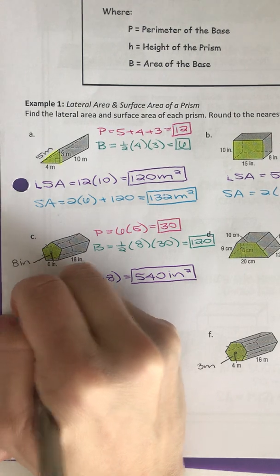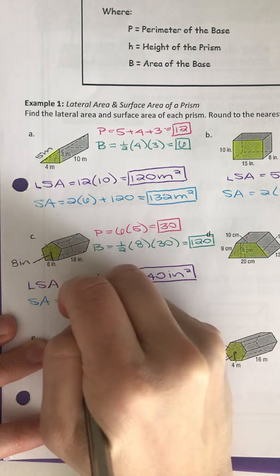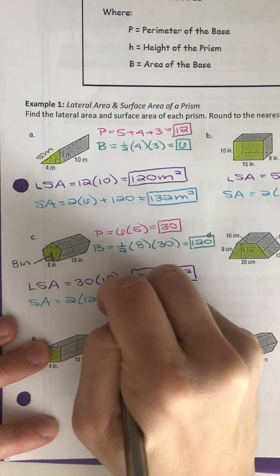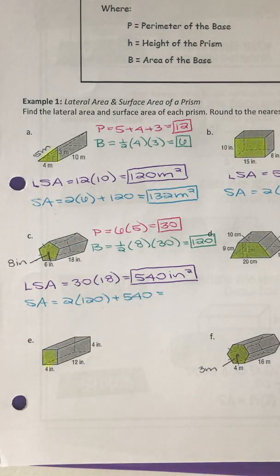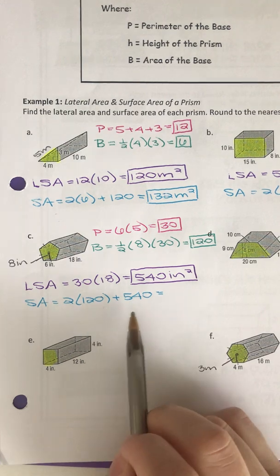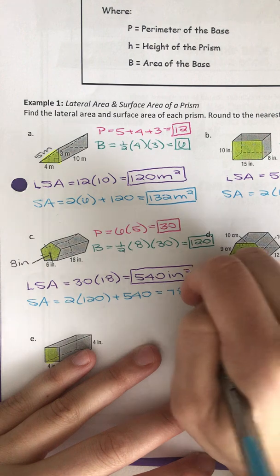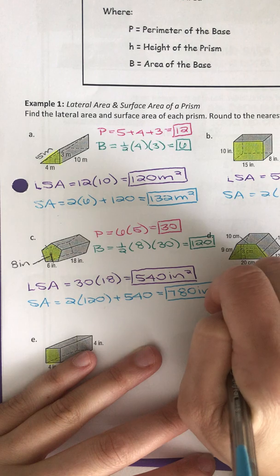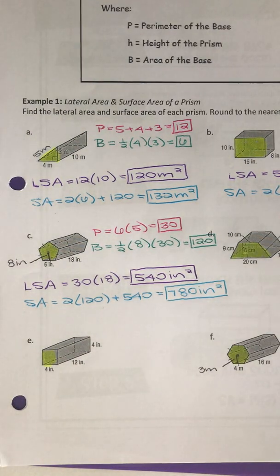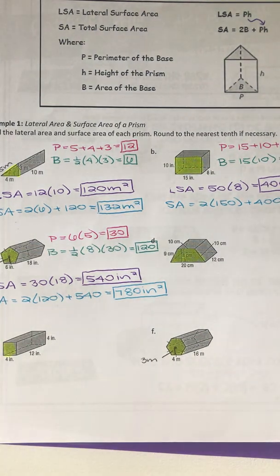My surface area is 2 times B plus my lateral surface area. 240 plus 540 is 780. So try the next 3 on your own, and then we'll continue them together.